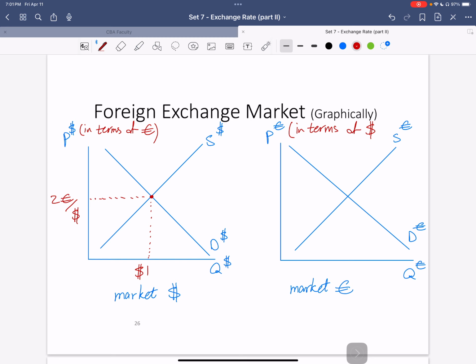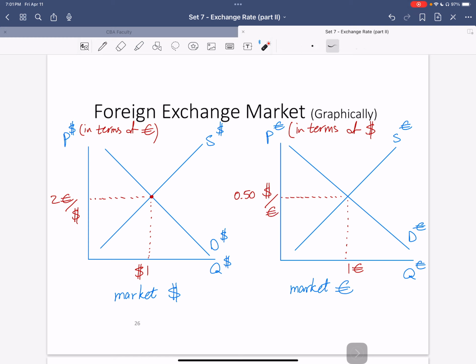Okay, the same for the euro, but the price will be in reverse. For example, if this is 1 euro, then this will be, say, 0.50 dollars per euro. Okay, you see what I mean?